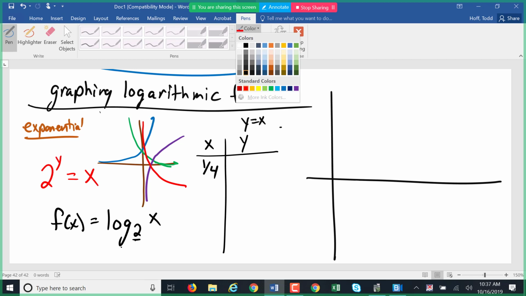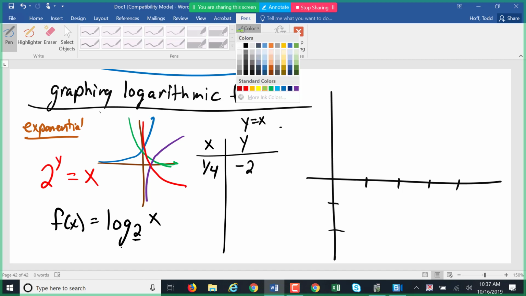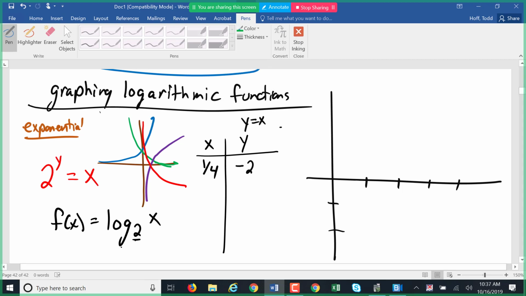That power would be -2. So if x is 1/4, y is -2. So 1/4, -2 is right in there.